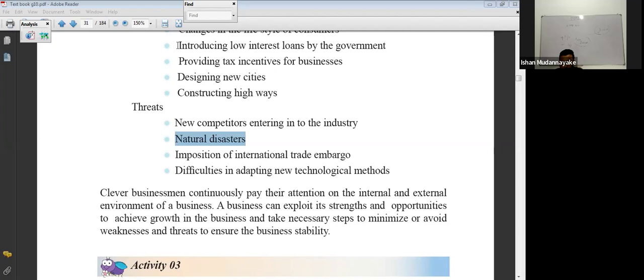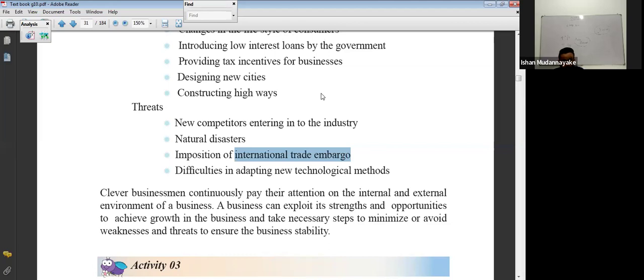Third one. Imposition of international trade embargo. An international trade embargo means international trade sanctions, international trade barriers. For example, you can't export products from Sri Lanka to North Korea.